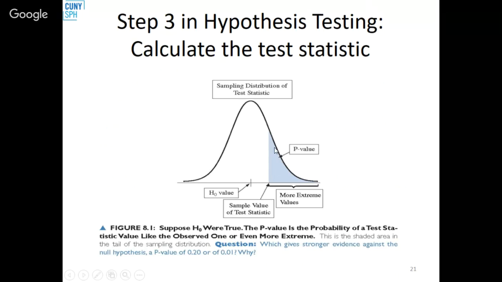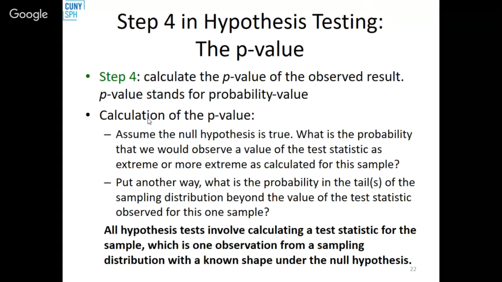So this shows you how on a one-tailed test, your p-value is only half of what it's going to be in a two-tailed test, because the two-tailed test includes the probability under both tails. So that is step 4, calculating this p-value or probability value.